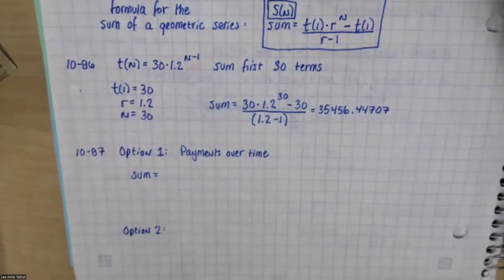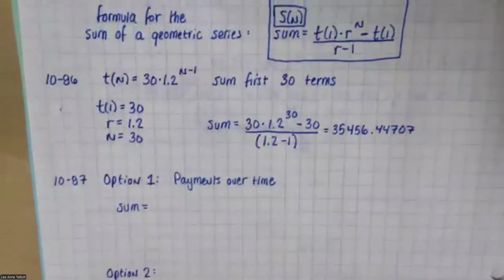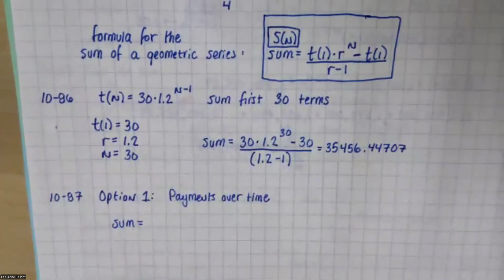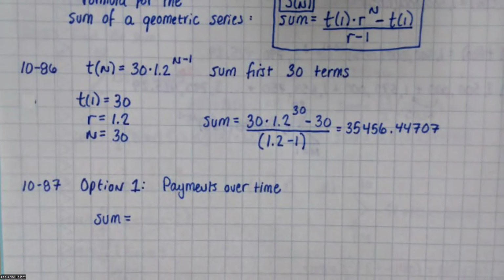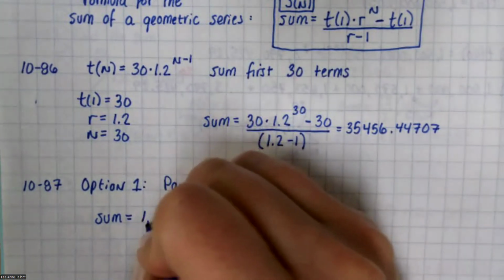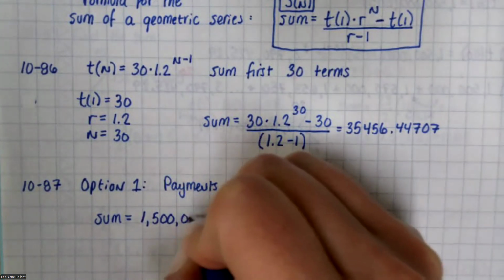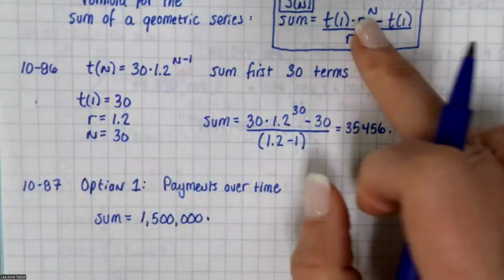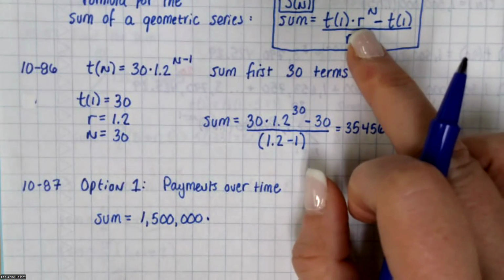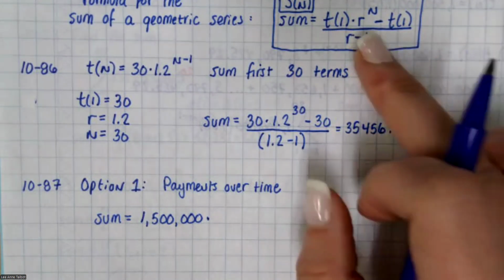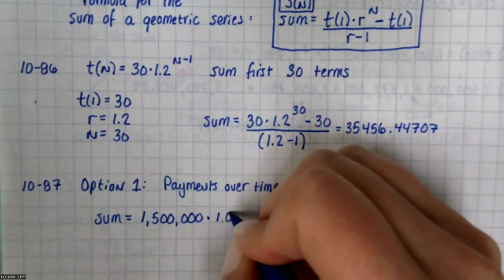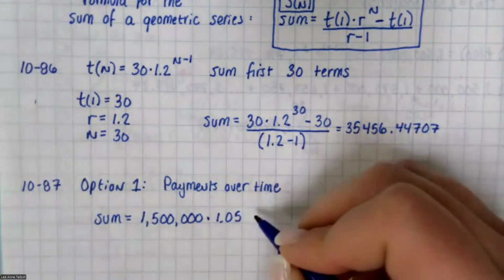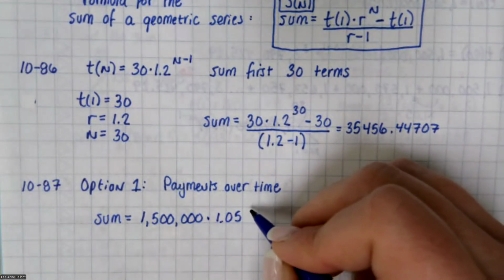Look at your 82C. What was the first term? 1,500,000. So I'm following the formula we just worked on. What was the multiplier? 1.05. And how many terms were there?